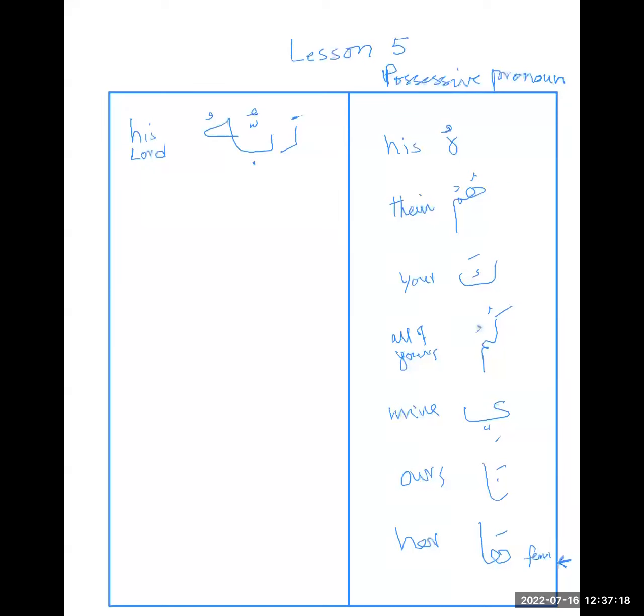All right, Aisha. So far, so good. Okay, good. So now with hum, if we attach Rabb, it would be Rabbuhum. Rabbuhum means their Lord. Okay.